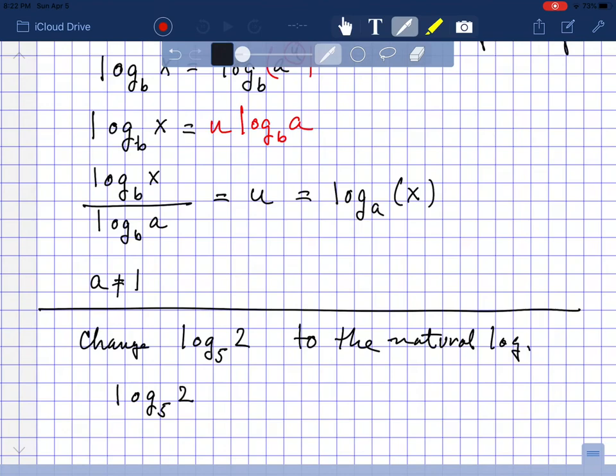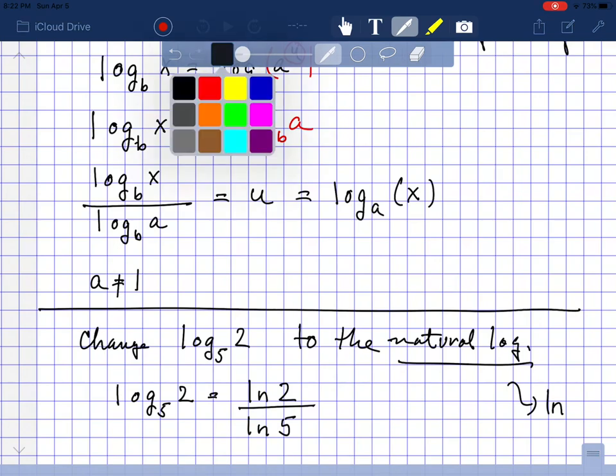So in other words, what I want to do is write the log base 5 of 2 in terms of the natural log function. And remember, the natural log function is denoted by ln. So this is equal to ln of 2, divided by what?